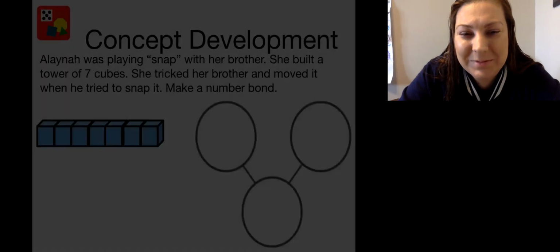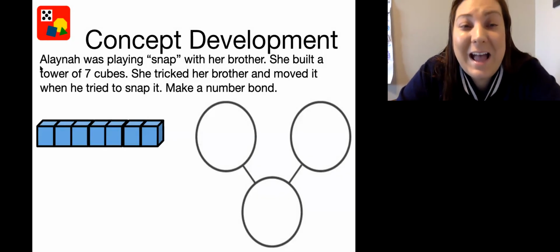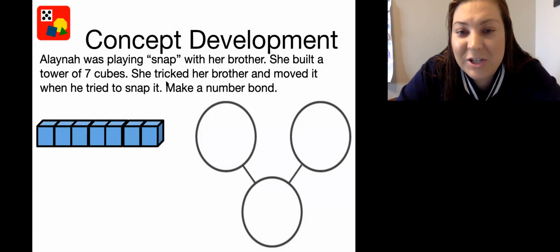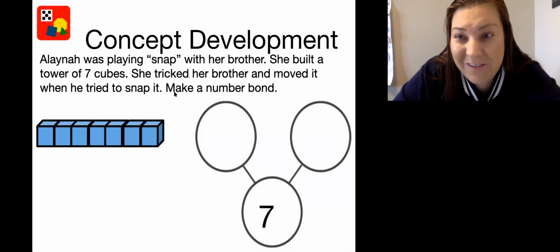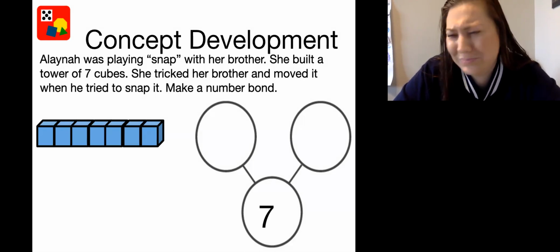Great job. All right. Elena was playing Snap with her brother. She built a tower of 7 cubes. She tricked her brother and moved it when he tried to snap it. Make a number bond. So how many cubes did she have? 7. Was her brother able to snap it?